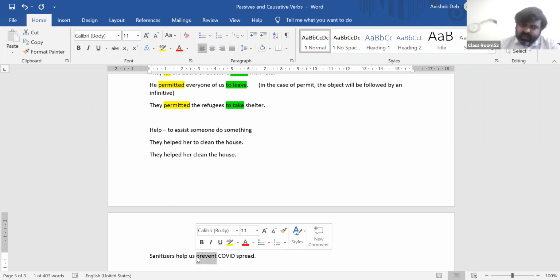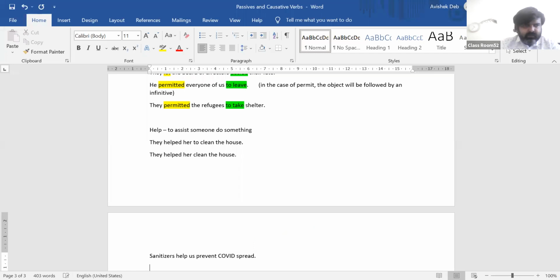So in help, you can either use the base form or the infinitive form. In both cases, it's correct. Basically, you have to use an infinitive. Whenever help is the causative verb, after the object, an infinitive should be used. Either you should use a to-infinitive or a bare infinitive. Any of them. So here, both cases are correct.